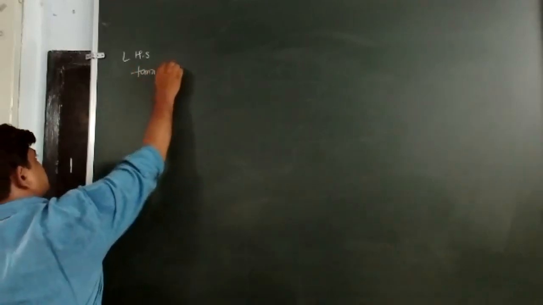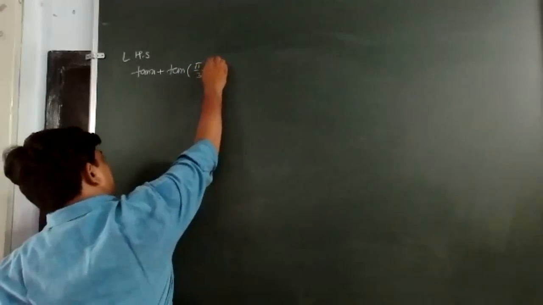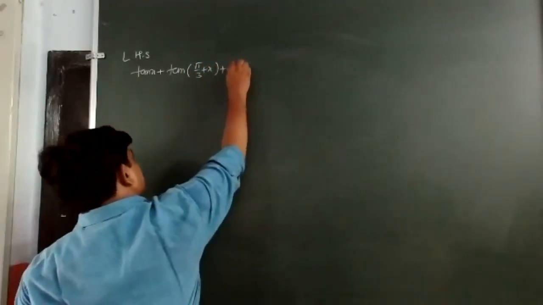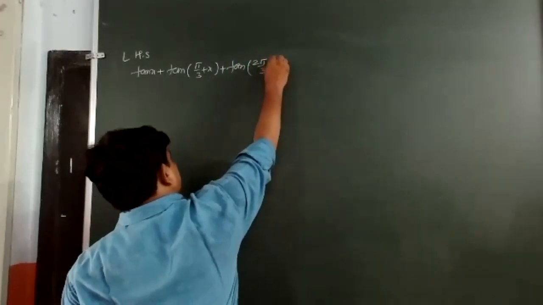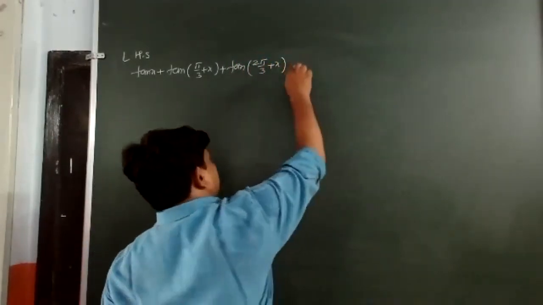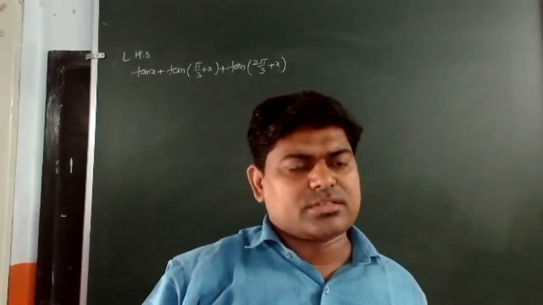So question number 16, first part you can see it written. Left hand side I am writing directly. It is tan x plus tan of pi by 3 plus x plus tan of 2 pi by 3 plus x, and that is equal to 3 tan 3x.